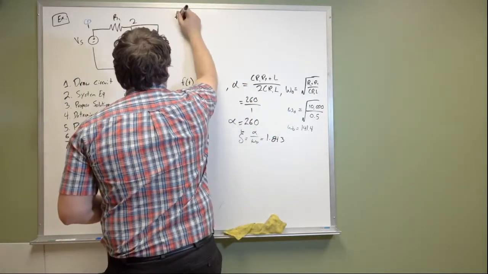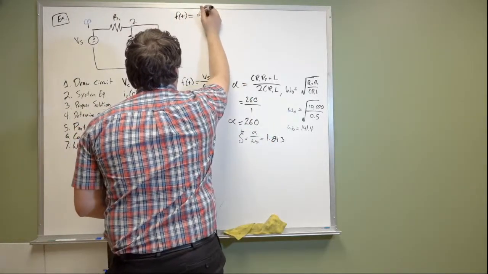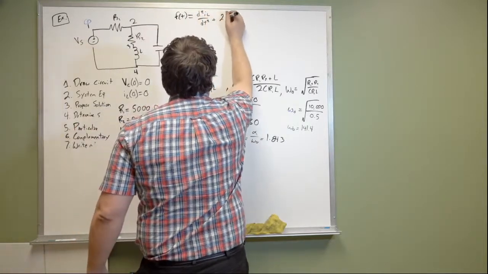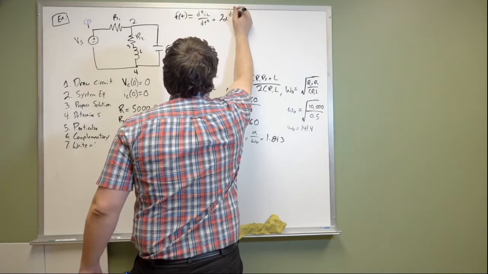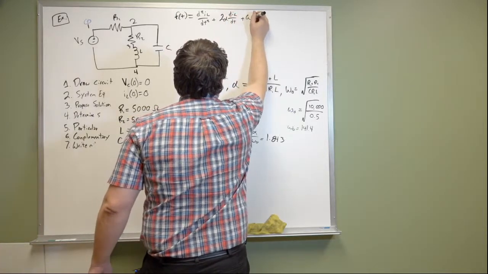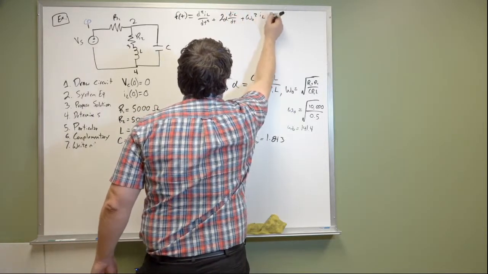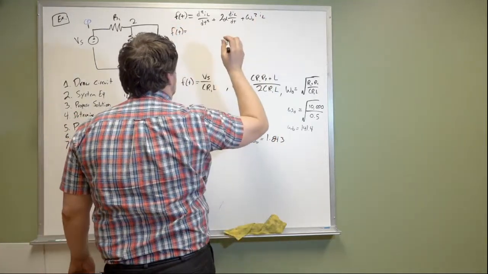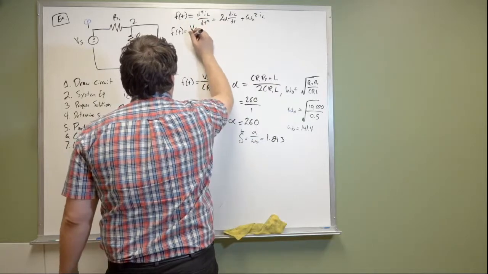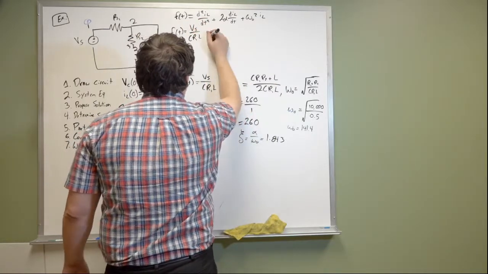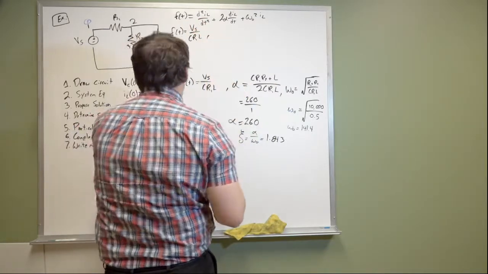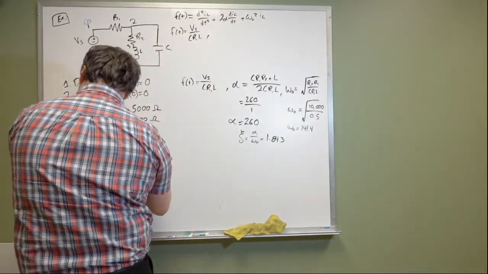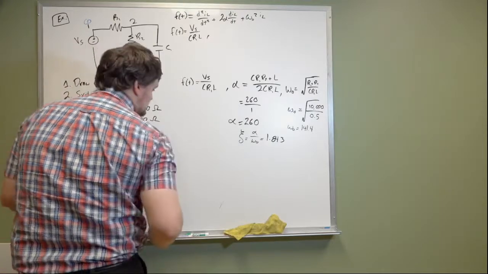So here we have f of t is equal to d squared iL dt squared plus 2 alpha diL dt plus omega naught squared iL. And then f of t is equal to Vs over C R1 L. I guess we could write that out. Vs is equal to, I don't know, 20 volts.